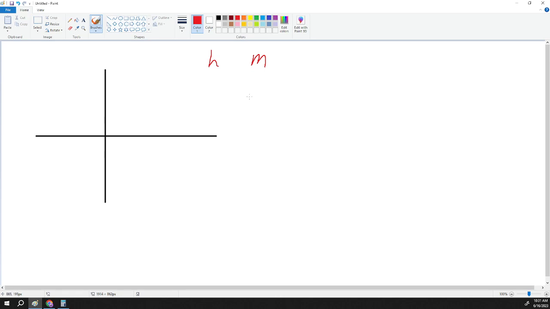So a hint. The whole clock is 360, right? And there are 12 hours on the clock. So how many degrees are there per hour?